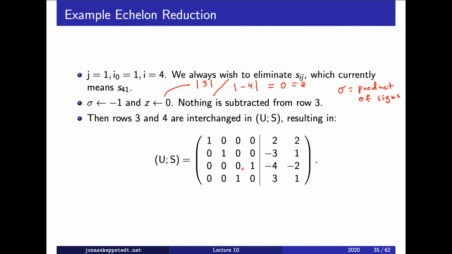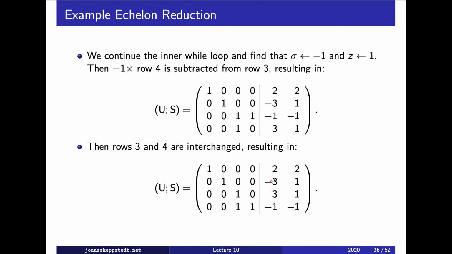Next goal is, it's still the goal to make the element here 0. And we continue and find the following numbers for theta and Z, and we can subtract the current row 4 from row 3, and we get this, and we interchange them.